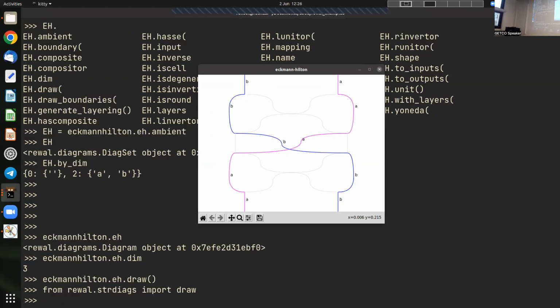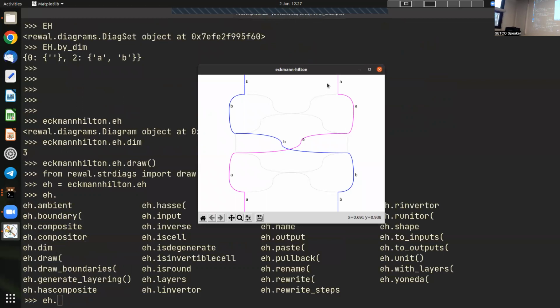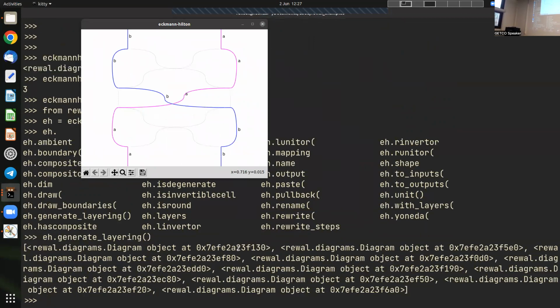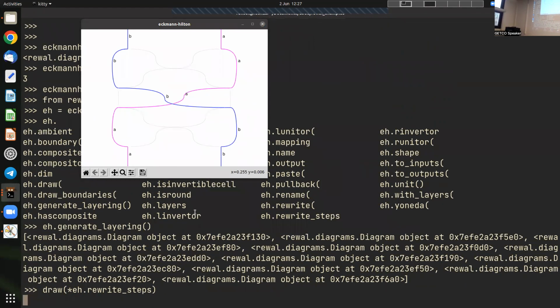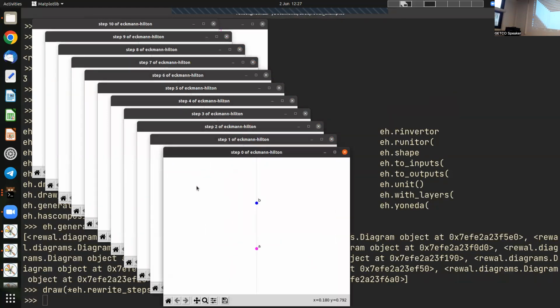Let me just try. I can't remember. Generate layering. You can layer all the generators that appear in this diagram, or rather all the cells that appear in this diagram, and show it as a sequence of rewrite steps.